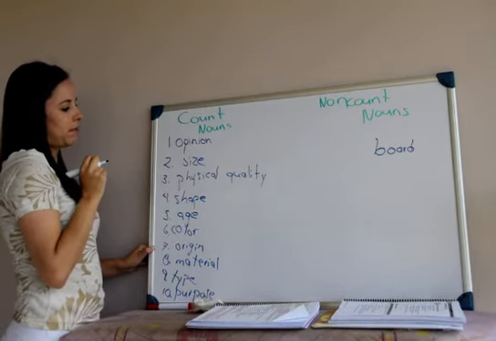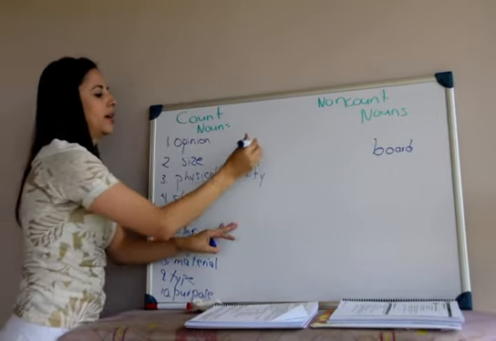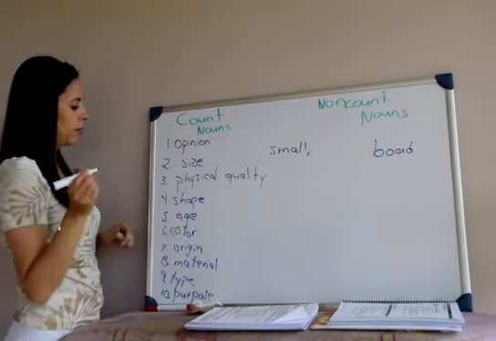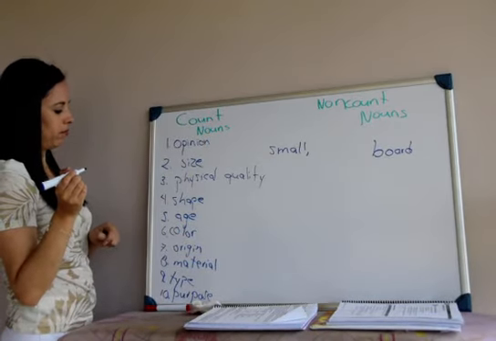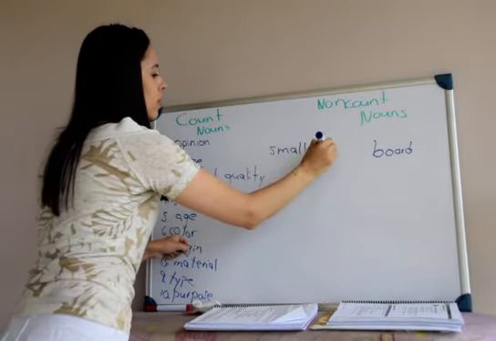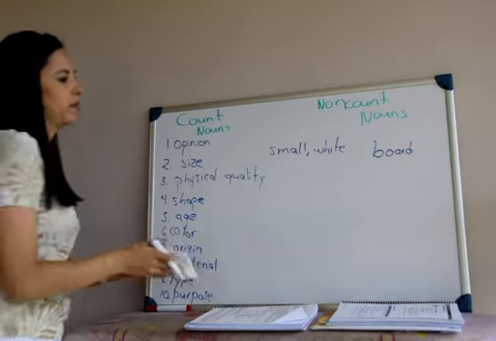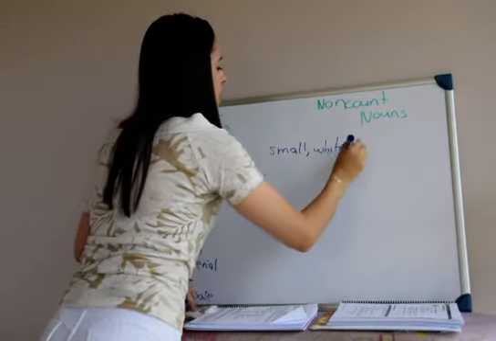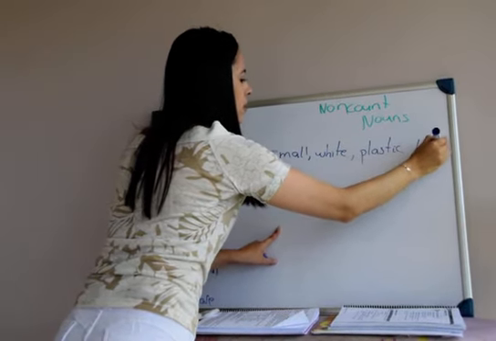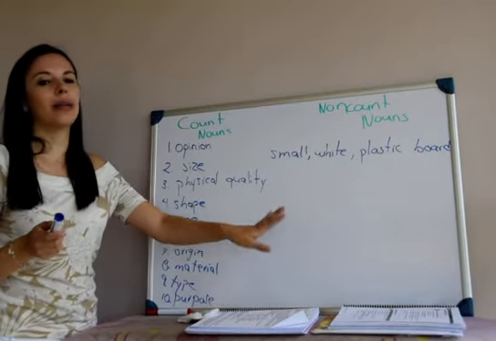So, let's start with size. Let's say that it's small, so this is my small, white, let's use the color, white, and let's use material, plastic, I don't have space here. Plastic board. Okay, so this is a small white plastic board.